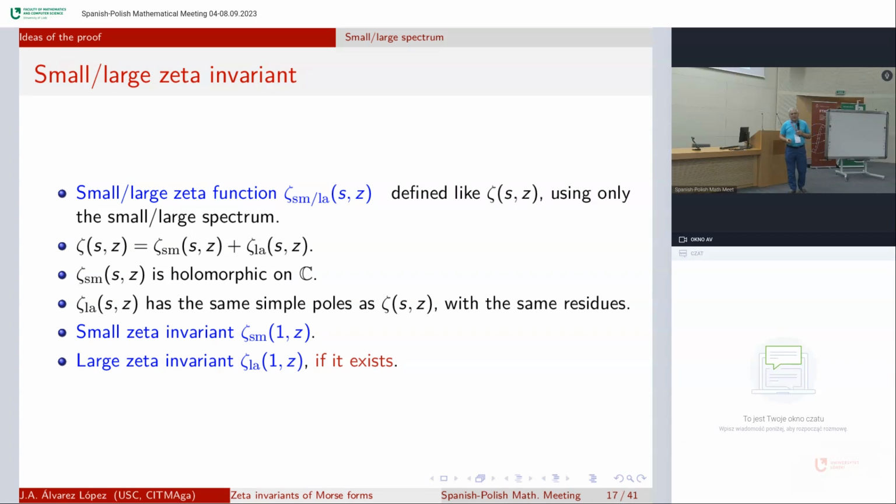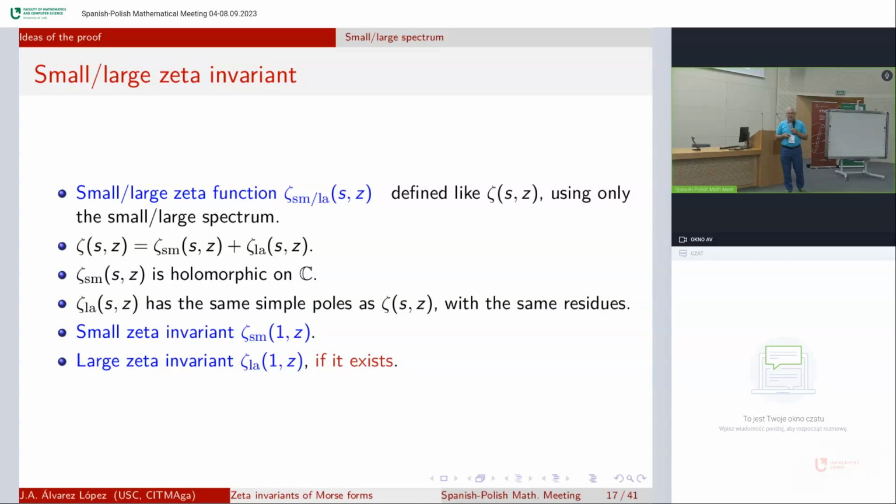Now, if we use only the small or large spectrum in the definition of the theta function, we have a small and a large theta function, defined in the same way. And the whole theta function is the sum of both of them.